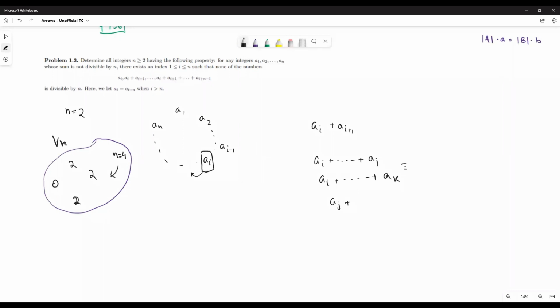Suppose these two are congruent mod n. Then a_{j+1} plus so on till a_{k-1} plus a_k is congruent to 0 mod n. Yes, so a_j is not congruent to a_k.